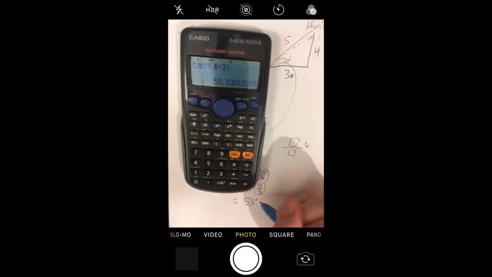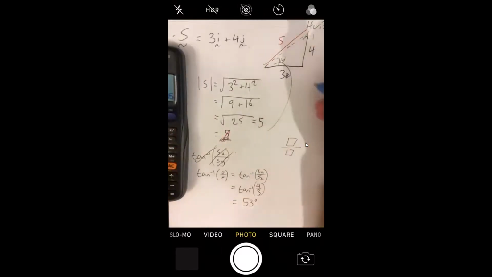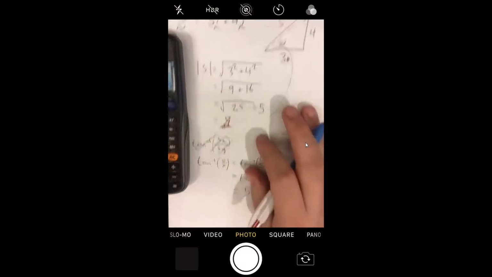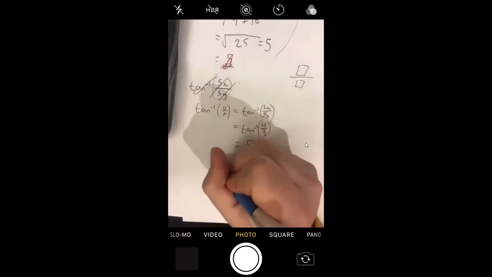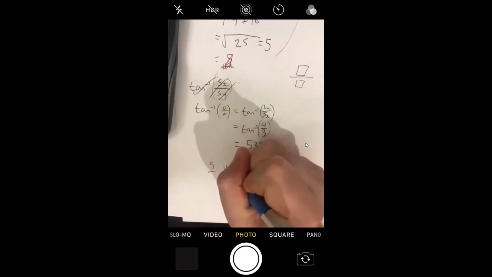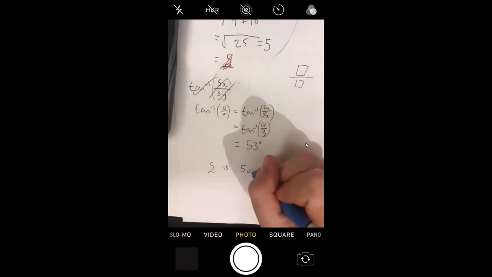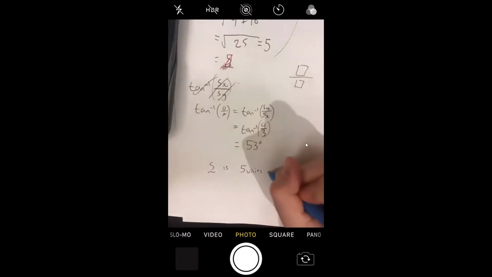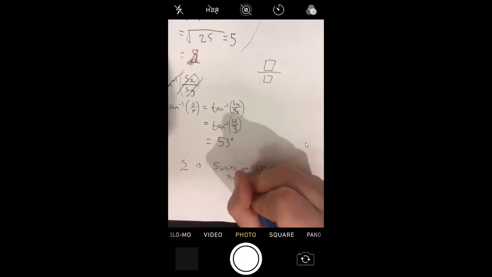53 degrees. So that means this vector S is also the same as S is 5 units at 53 degrees from the horizontal.